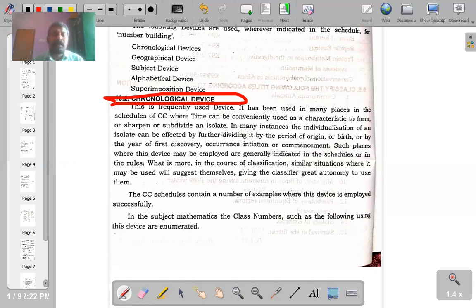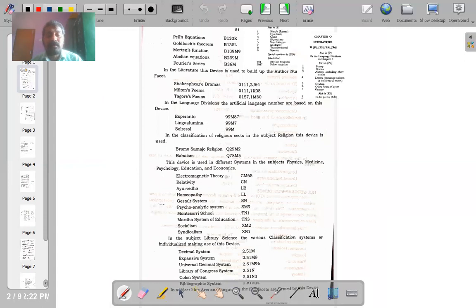Ranganathan has given instructions in all the important places where the chronological device can be used. He has given a long list of those places. Now let me show you a few examples in main classes where this chronological device has been used by Dr. S.R. Ranganathan.